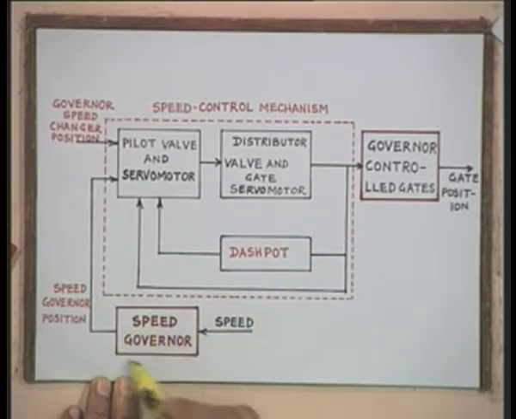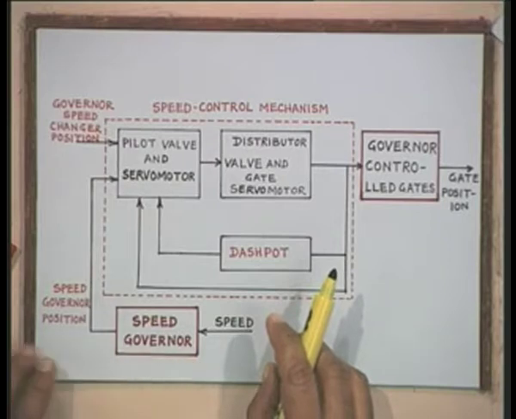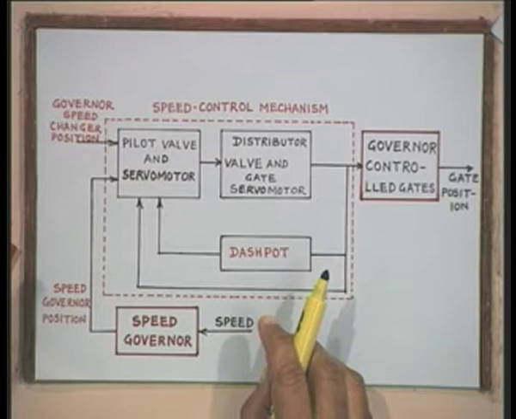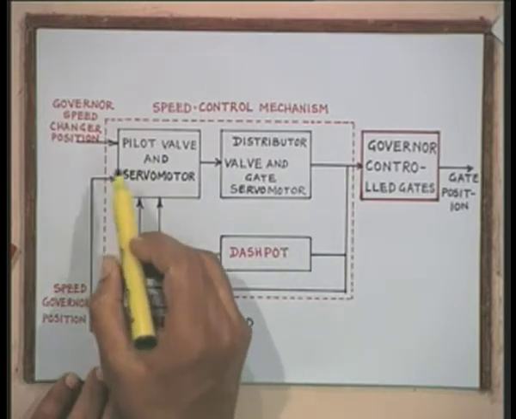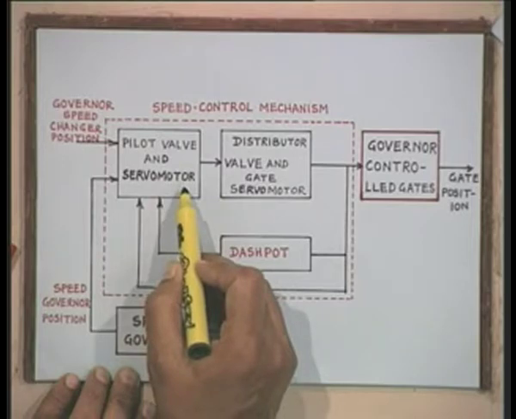The first block we can see here is the speed governor. The speed governor senses the speed and it gives you a position which is proportional to the speed deviation, that is the speed governor position. The next block is the pilot valve and servo motor.